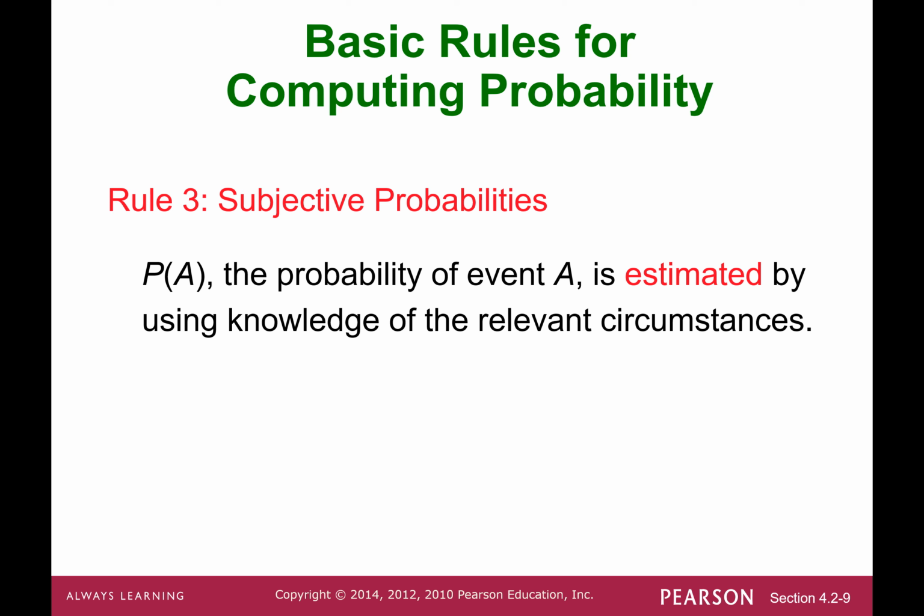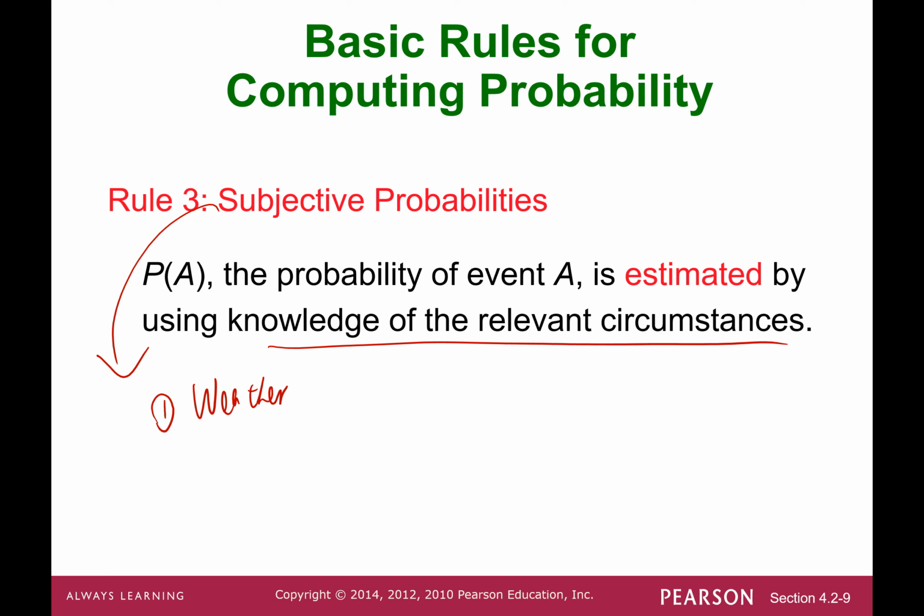And for subjective probabilities, the probability of an event is estimated by using knowledge of relevant circumstances. For example, a weather forecast. It's definitely a subjective probability. It's never 100% accurate because it's subjective. It's based on professional knowledge about the weather.